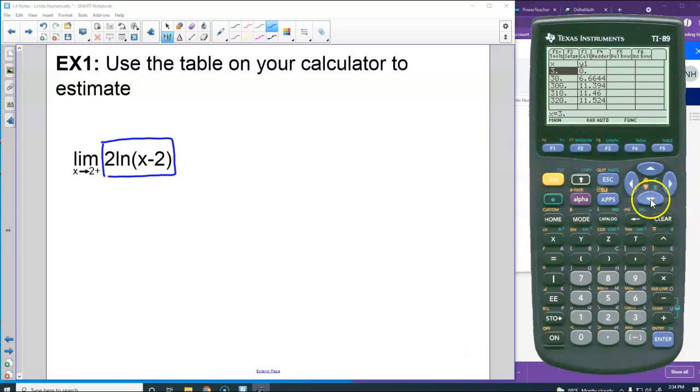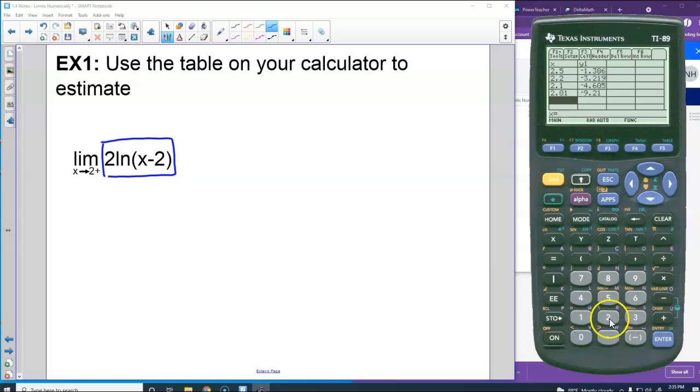All right. Give me a number closer to 2. 2.5 is closer. This time I got negative 1.386. Give me something even closer. 2.2. All right. Even closer. 2.1. Then I heard somebody say 2.01.